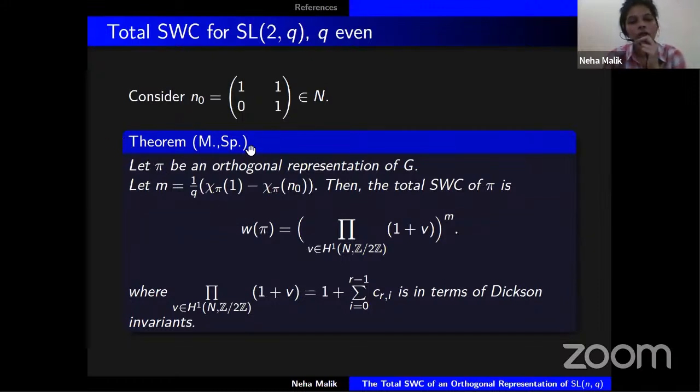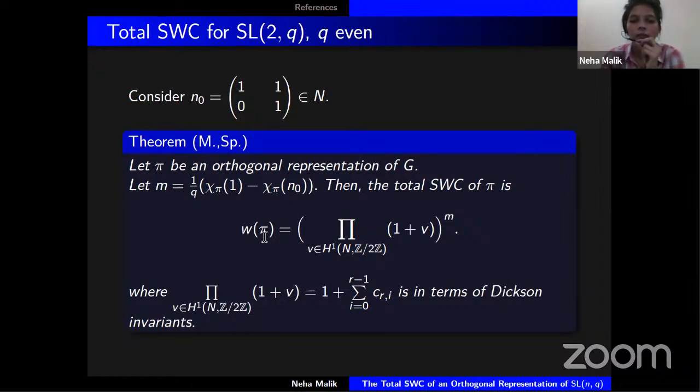We use this detection lemma to get our final theorem, which says that if pi is an orthogonal representation of G, we can express the total Stiefel-Whitney class in terms of this W pi. A nice thing to notice here is again the appearance of Dixon invariants.